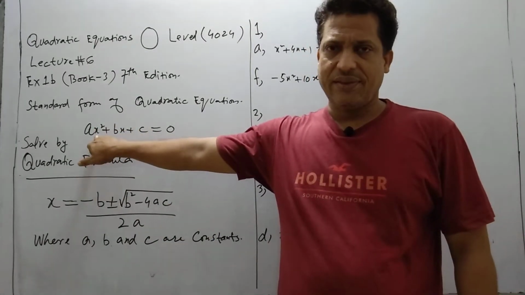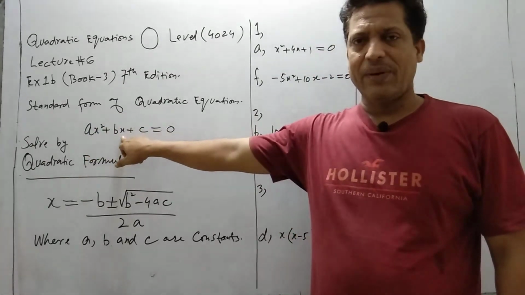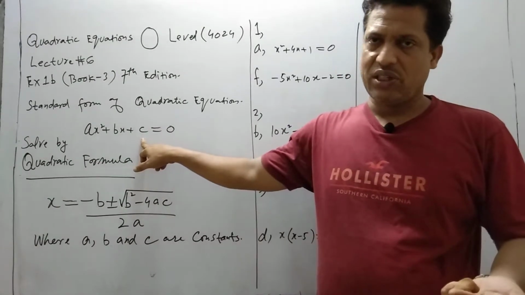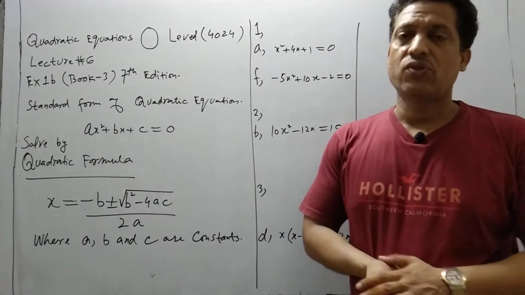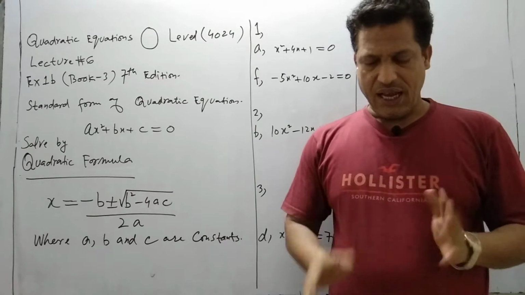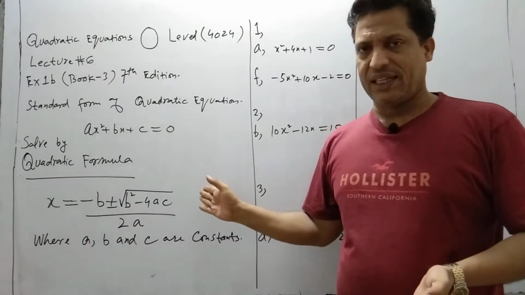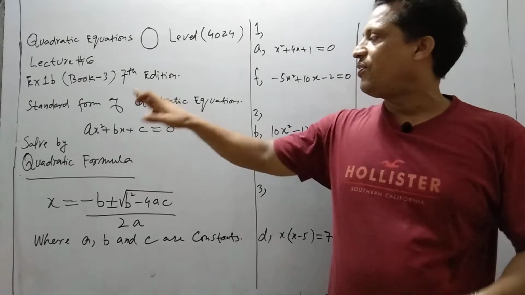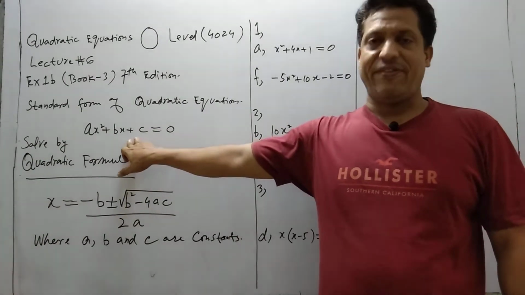The first term is always x square, the second term is always x, the third term is always constant, and on right hand side is always 0. So by applying any method of solving quadratic equation, method of factorization, method of completing square, or this method, our given equation is always in the form called standard form of quadratic equation.